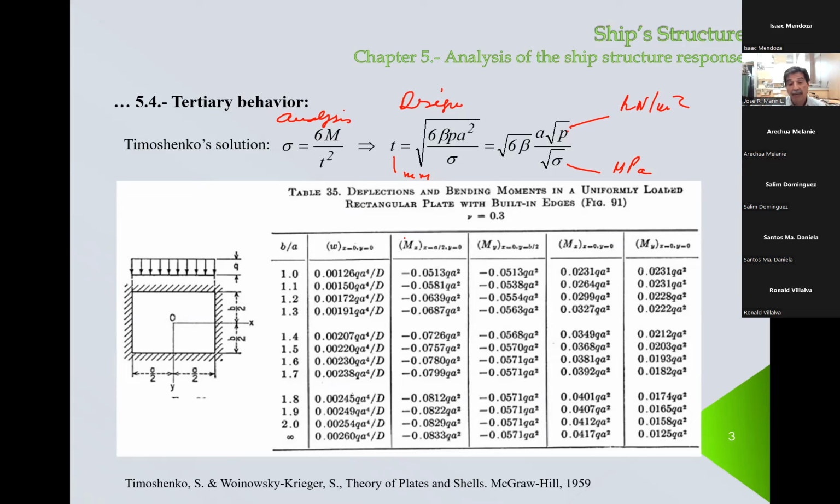And it's quite similar, as we will see, except that the maximum value we have to discuss a little bit, because as we accepted, the clamped plate model is a good one, but it's not so efficient, because we have to accept that the deflection of the stiffeners and the rotation of the stiffener affect the distribution of the bending moment. Okay, we will discuss that tomorrow, when we continue this lecture.